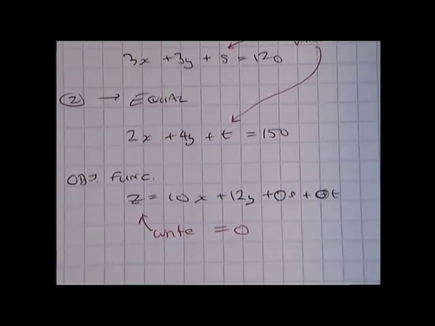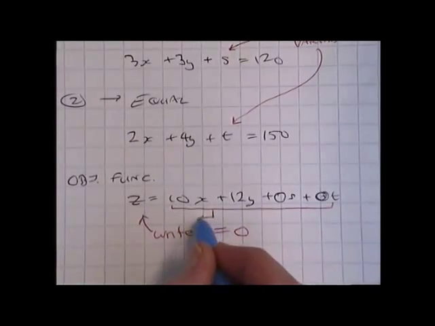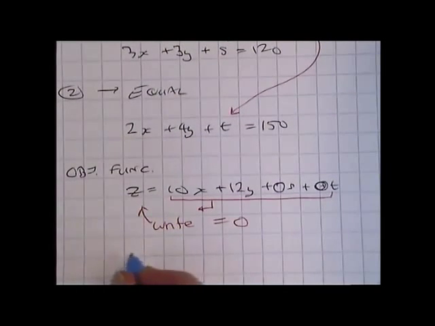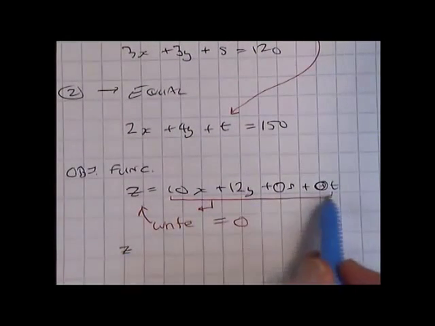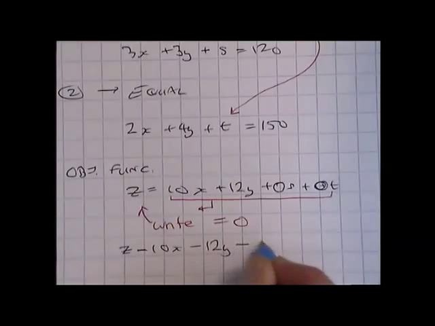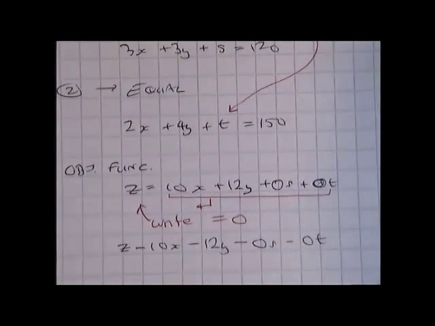We always do that by shifting all of this onto the other side of the equal sign. So I keep the z where it is, but all of these things I shift to the left. So I'll have a minus 10x, a minus 12y, a minus 0s, and a minus 0t.